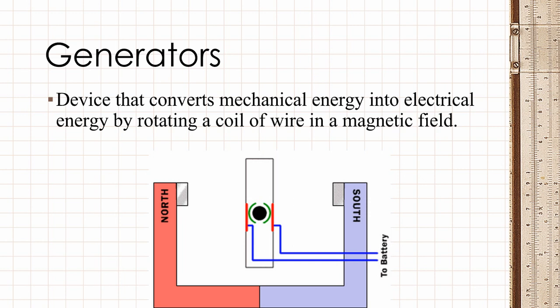A device that converts mechanical energy into electrical energy by rotating a coil of wire in a magnetic field is a generator. Remember that mechanical energy means motion. So we create electrical energy by spinning a coil of wire in between a magnet.